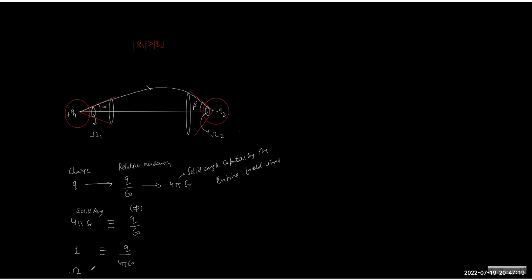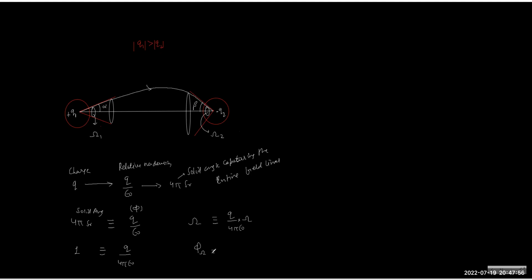So how much will omega capture? Omega times Q by 4 pi epsilon naught. Right, guys? Yes. So knowing the solid angle gives an alternative way to understand how many lines are captured through that entire angle. We represent this as phi omega.